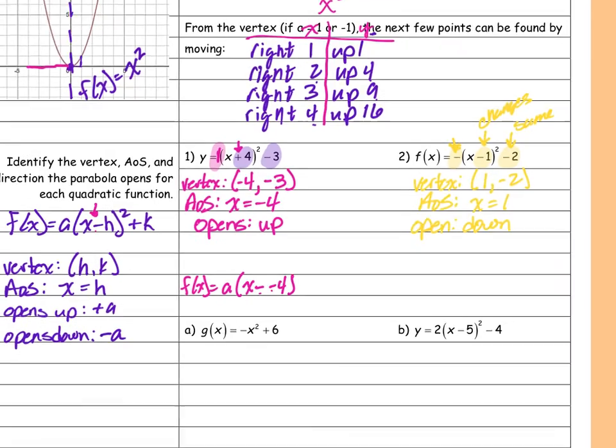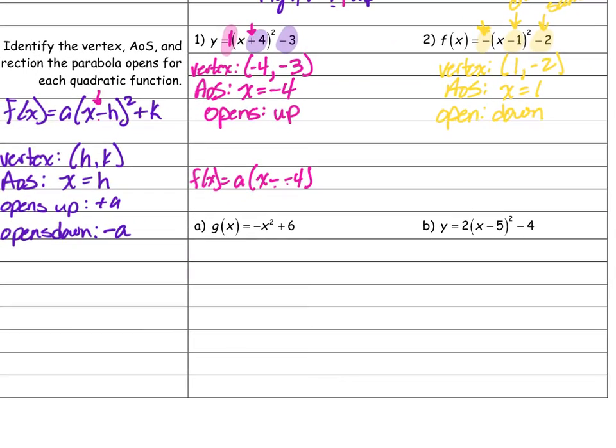Okay, I want you guys to try this. On the first one, vertex. So I'm going to look at this one and then notice, there's no parenthesis on that one, which makes it a little harder, and then this one. Remember, the H is inside the parenthesis. If there's no parenthesis, what number would that be?